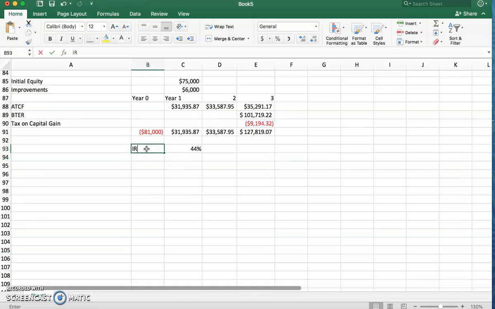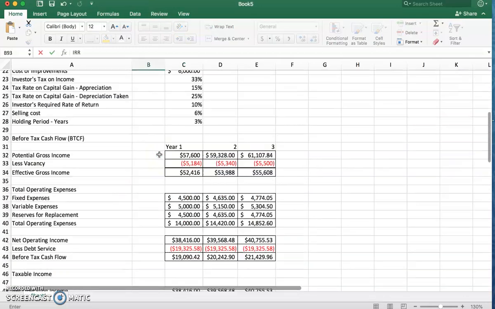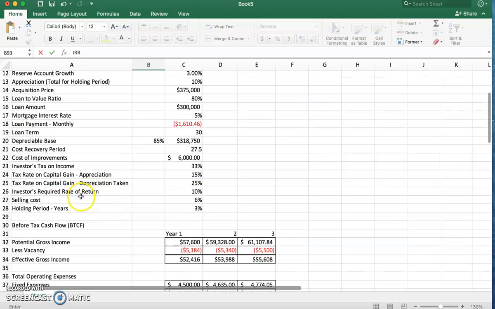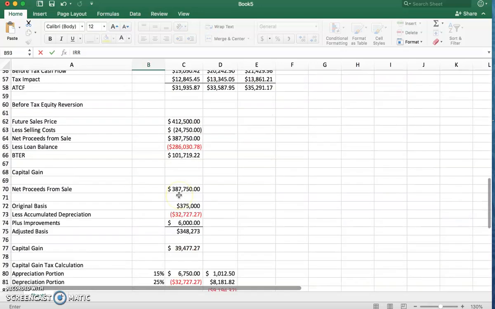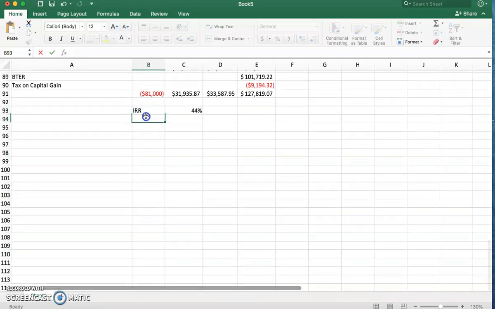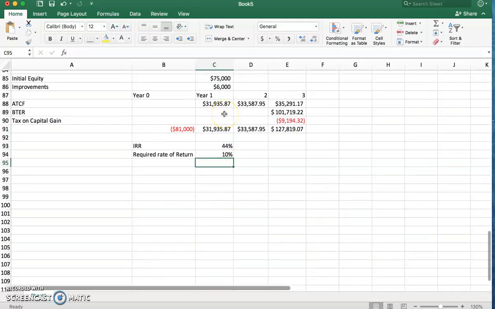So that's our IRR, 44%, and we're going to compare that to the investor's required rate of return, which is 10%. So let's type that in, required rate of return, and 10%. We can pull that out a little bit.